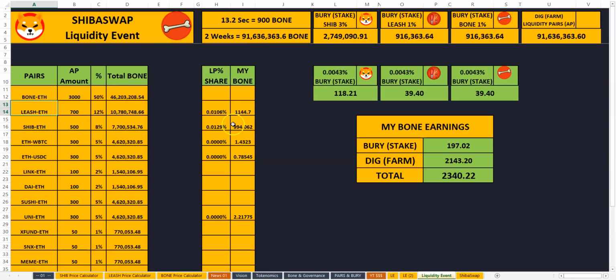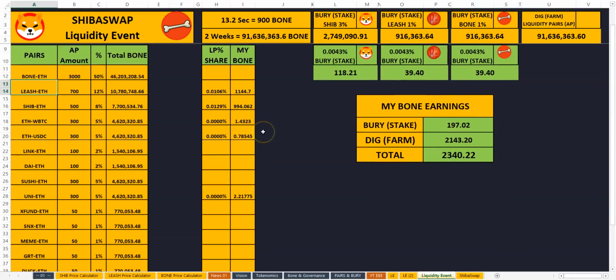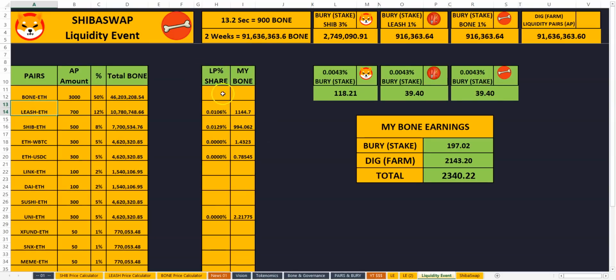I happen to have done that, so I'm going to try and see if I can show you that. This column here is what I think my share might be based on. So I personally have LEASH, SHIB, WBTC, and this one here, Ether and USDC, and I also have a little bit of this one.